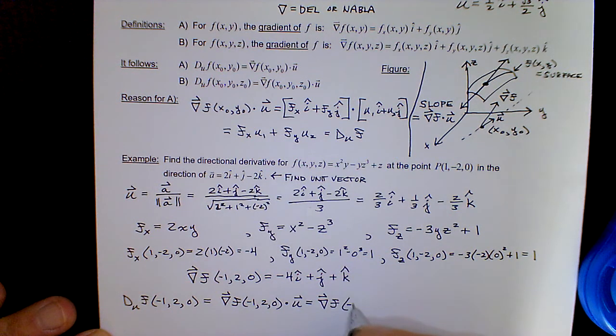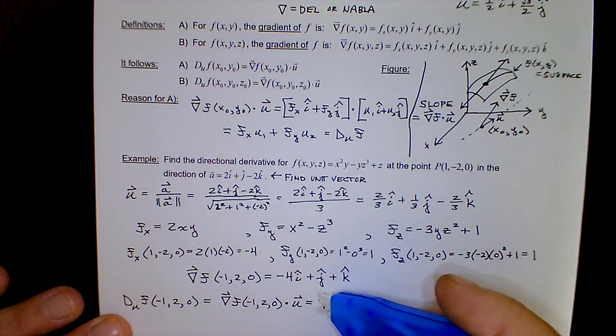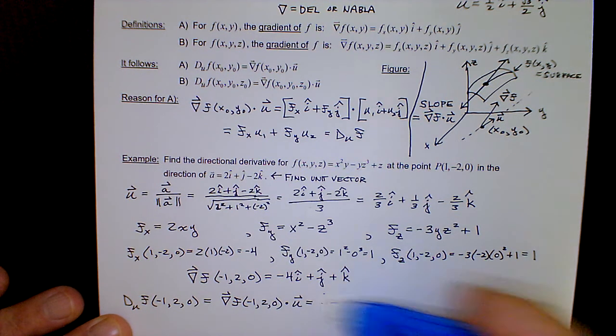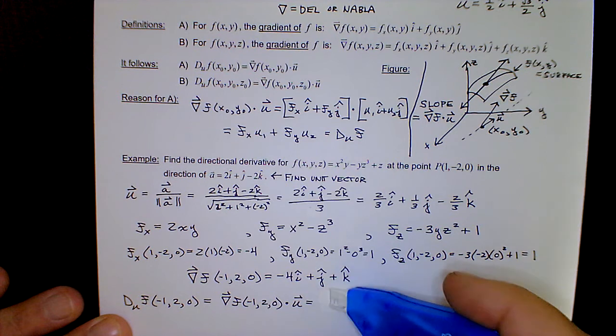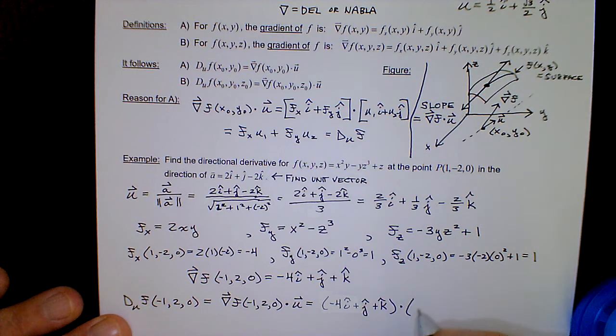So that's the gradient of f, which, let's substitute that in here. So we've got negative 4i plus j plus k dotted with the unit vector, which was 2/3 i plus 1/3 j minus 2/3 k.